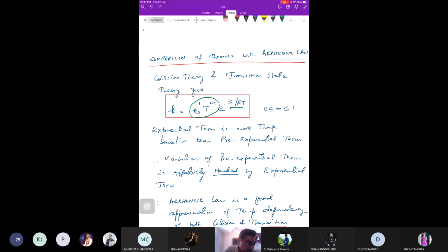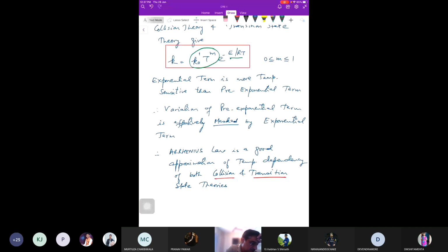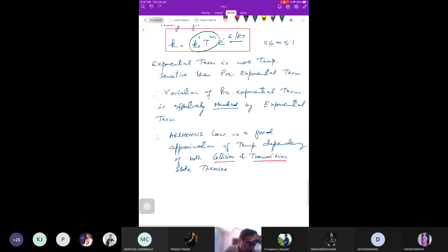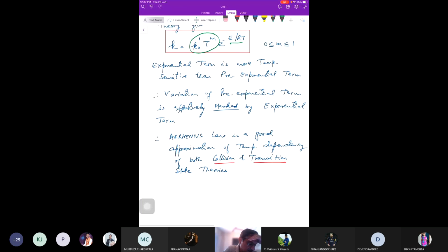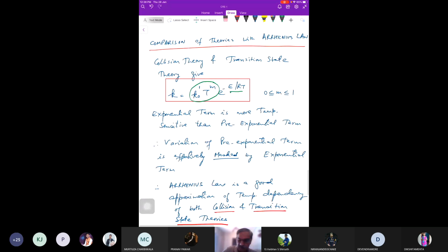So the variation of the pre-exponential term is effectively masked by the exponential term. This term K naught is not so sensitive, whereas the exponential term, because it is exponential, is very sensitive. So Arrhenius law is a very good approximation of temperature dependency for both collision state and transition state theories. Essentially, Arrhenius law and this match.